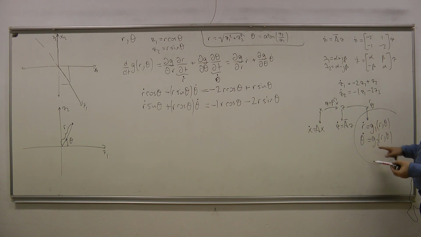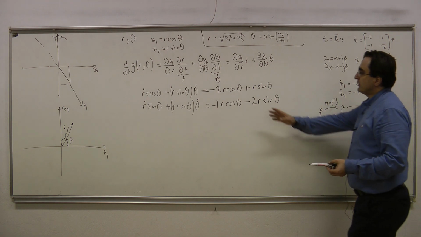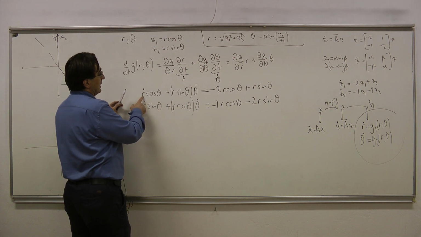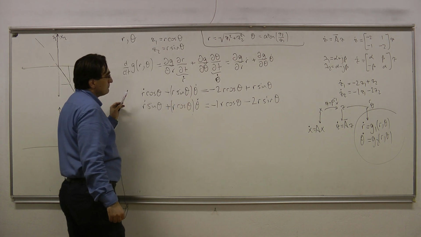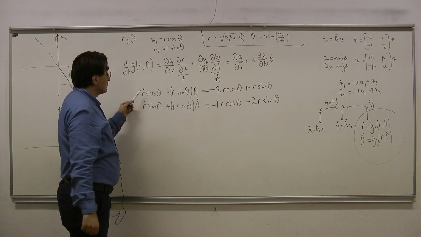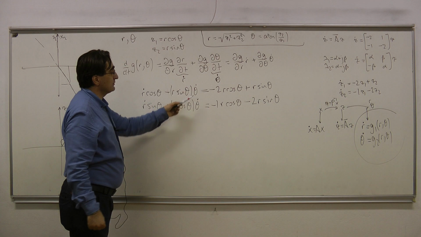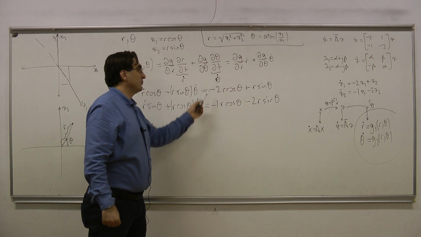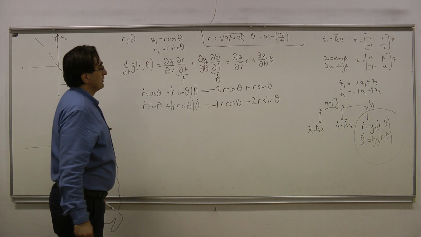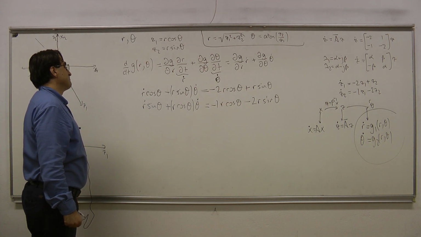The right hand side should always contain the coordinate variables without any derivatives. The left hand side is r dot and theta dot. So I have two equations and two variables to extract, r dot and theta dot. And from these two equations, I can express r dot and theta dot in terms of variables without any derivatives.